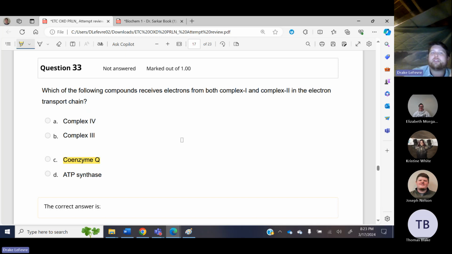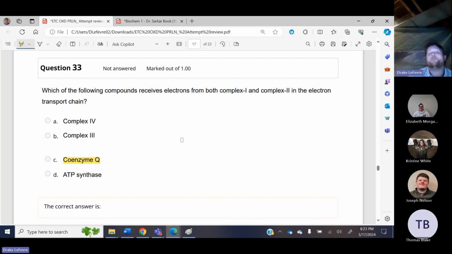I misunderstood." Because technically, yes, 1 and 2 both go to complex 3. I didn't realize that coenzyme Q was before that. Quickly get in a word of explaining why you chose your answer before the teacher tells you why the correct answer is what it is.